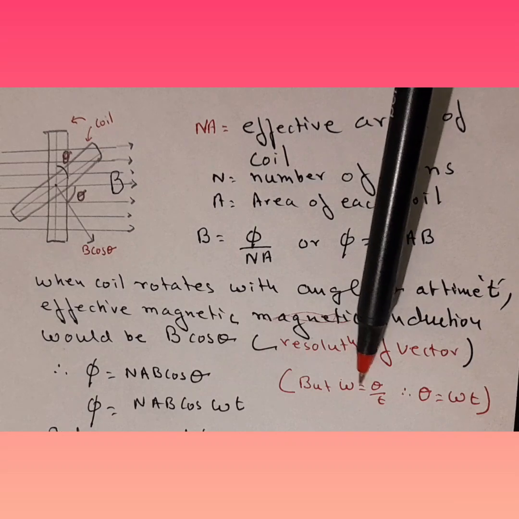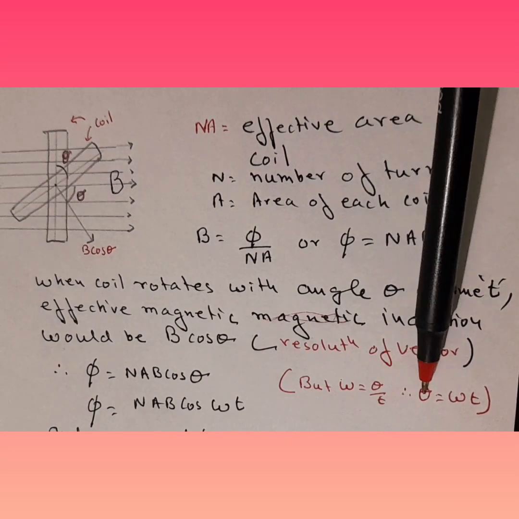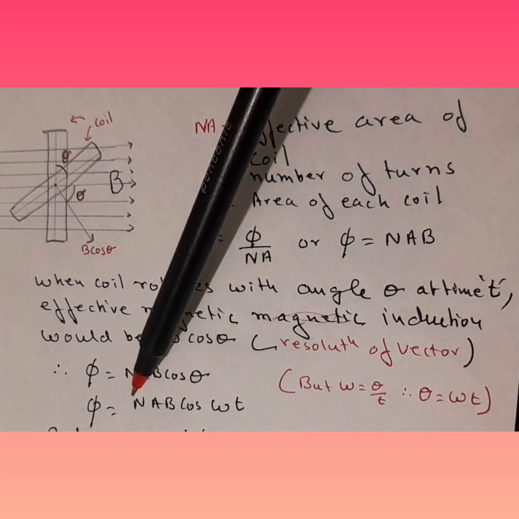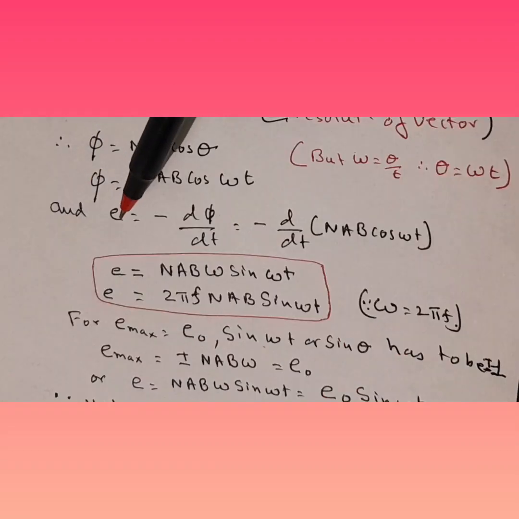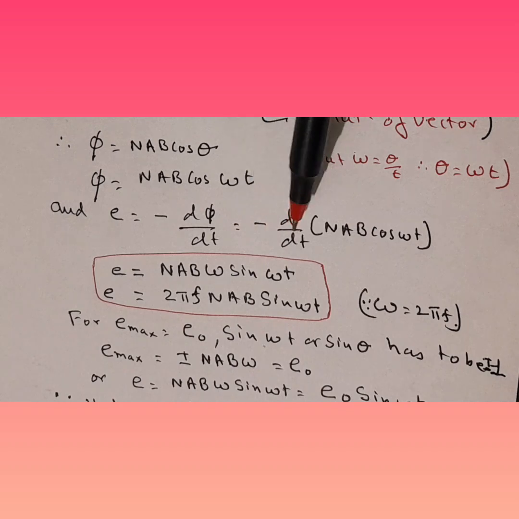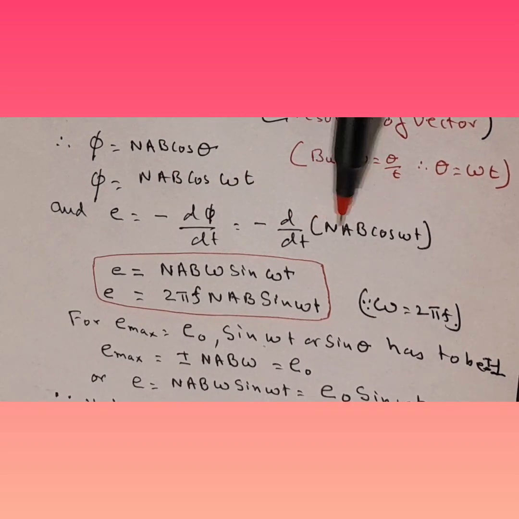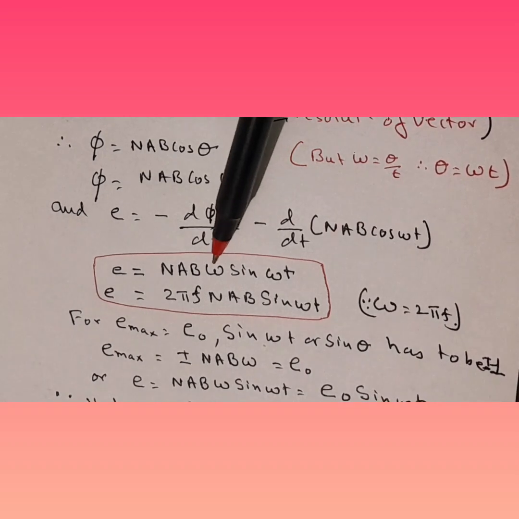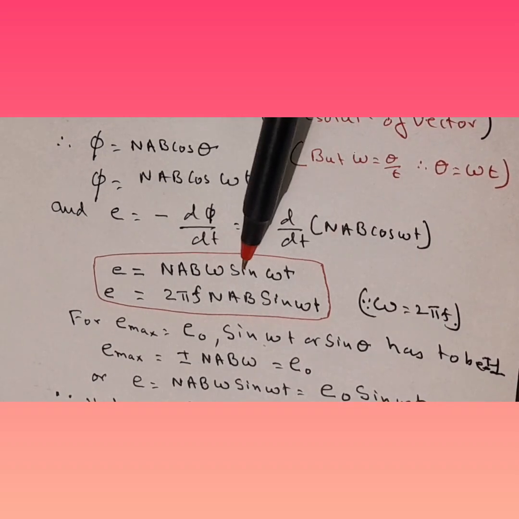Now we know omega is equal to theta by t, therefore theta is equal to omega t. So we can also write it as NAB cos omega t. And as per Lenz's law, E is equal to minus d phi by dt. So minus d of this value. When we differentiate this, the constant omega comes out and cos becomes sin omega t.